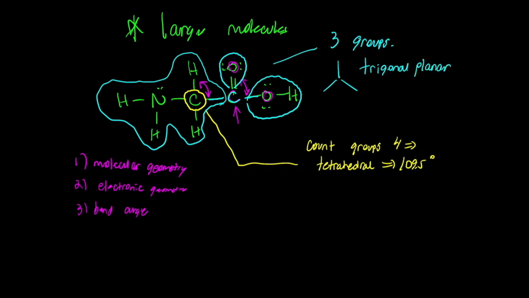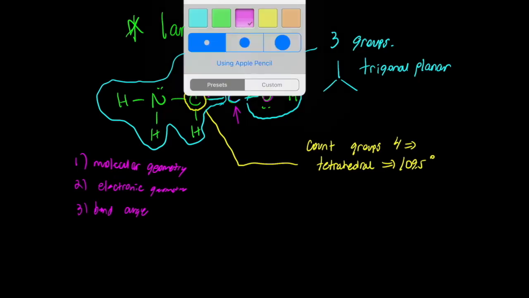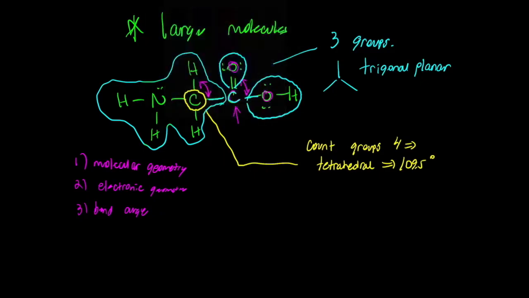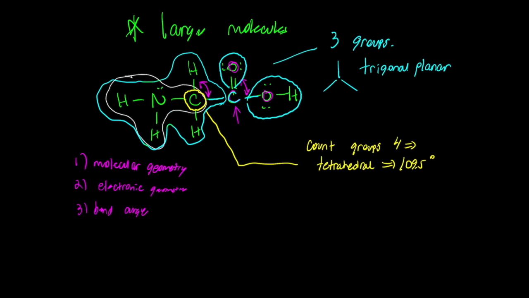Okay. How about this part of the molecule? I can't really highlight on black. Let's see. I'll highlight with white then. So how about this part of the molecule right here? Okay, the nitrogen. What is the molecular geometry of that nitrogen?